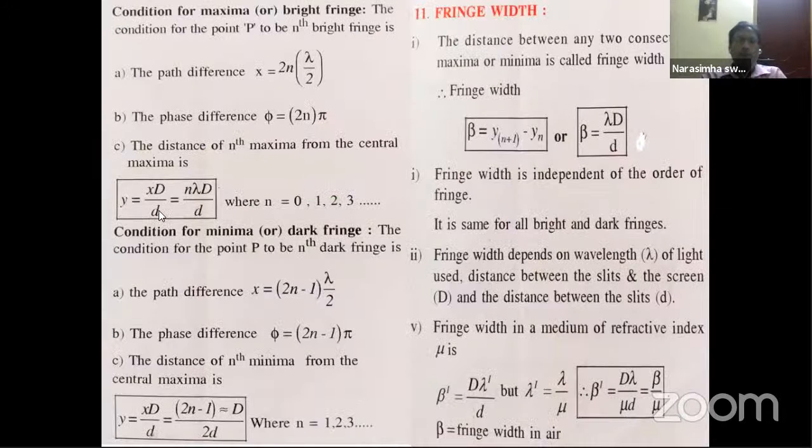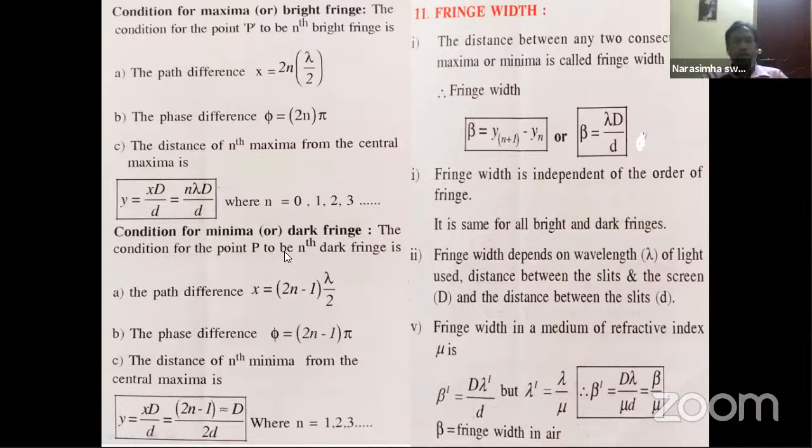Okay, and small d is the distance between the two slits. And this small d is very small compared with the wavelength of the incident light. And for the nth fringe, if you are calculating, this is the formula, where n is equal to 0, 1, 2, 3.